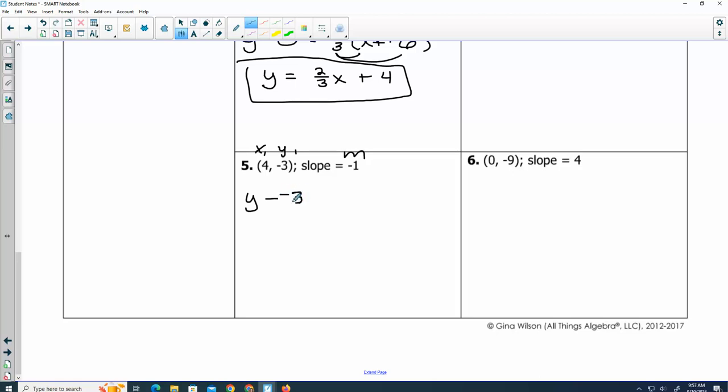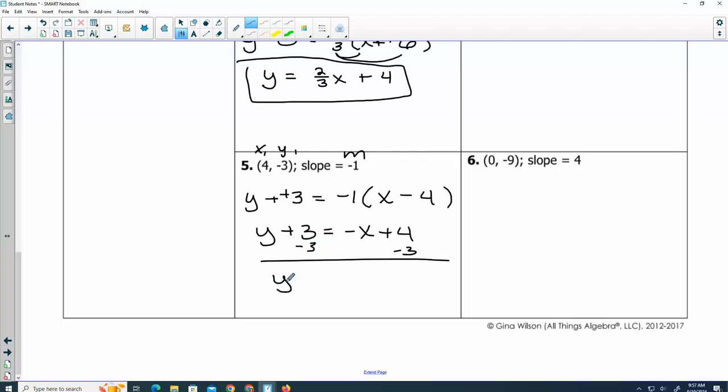Y minus negative 3 equals my m, negative 1, times x minus 4. Minus a negative is plus, so we have y plus 3. Over here, if we distribute, that's a negative x plus 4. Trying to get y by itself, so if we subtract 3, we get negative x plus 1.